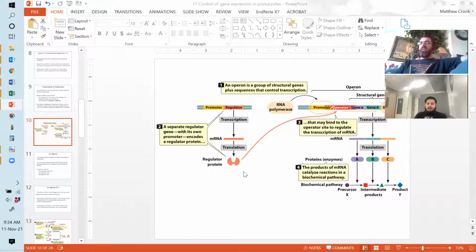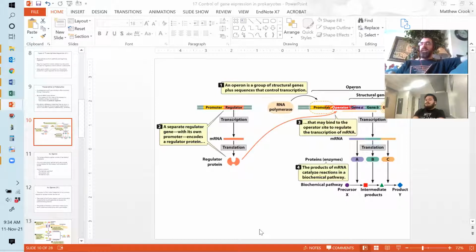So in the absence of anything else, if this was an inducible system, would this protein bind? If it's an inducible operon and nothing else bar the regulator protein is present, would that regulator protein bind? A little bit of revision and recap for you.